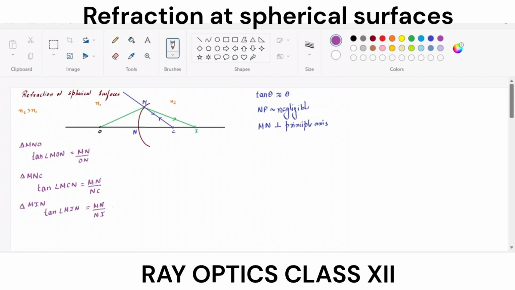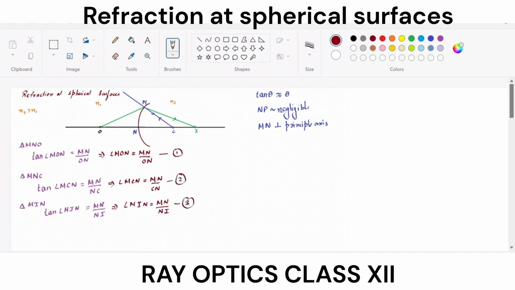I hope this is clear. Now, from small angle approximation, tan theta is nearly equal to theta, so angle MON will be MN upon ON, MCN will be MN upon CN, and finally, MIN will be MN upon NI. This is our equation 1, this is our equation 2, this is our equation 3.